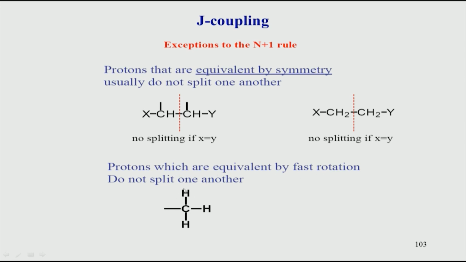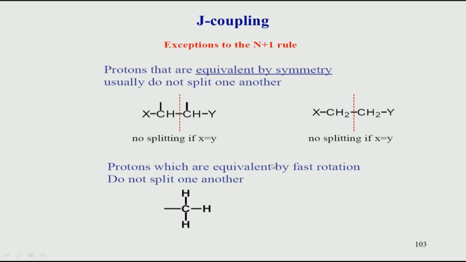What is shown here is the methyl group. In a methyl group, the hydrogens are chemically equivalent because of fast rotation, and because they are chemically equivalent, these hydrogens do not split each other. But remember, it is not that there is no coupling between these two; there is a coupling, but we cannot see it in the NMR spectrum.